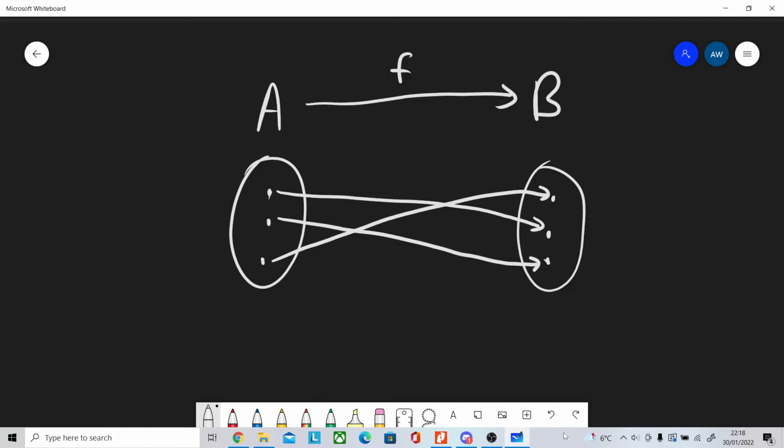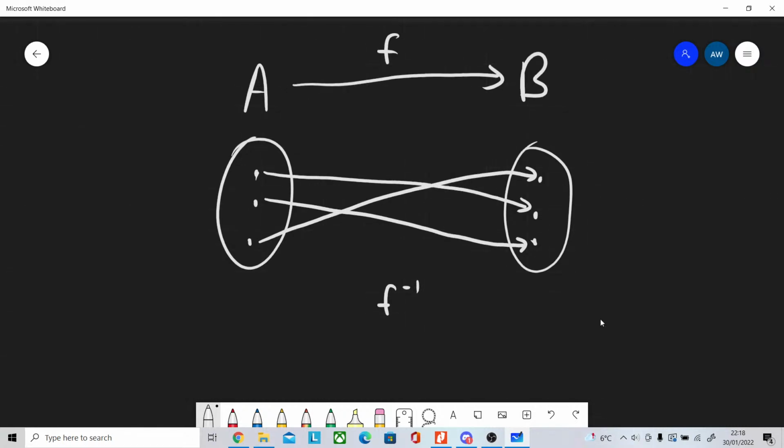Okay, so we have a function. Sometimes we can create the inverse function, usually denoted like this. Now the inverse function will have the domain and codomain swapped. So if the function f sends from A to B, that's the domain, this is the codomain, then the inverse function is a function with the domain and the codomain of the original function swapped around.